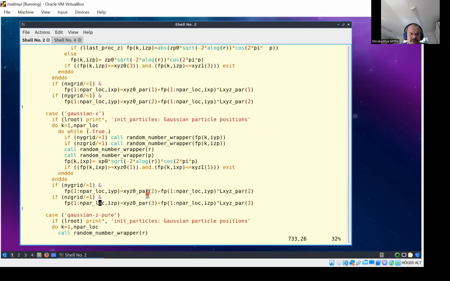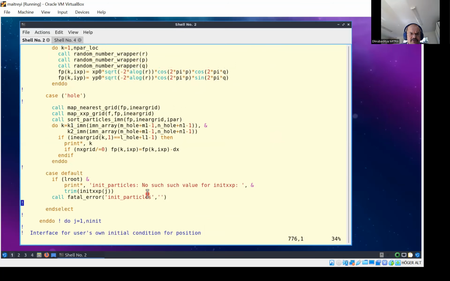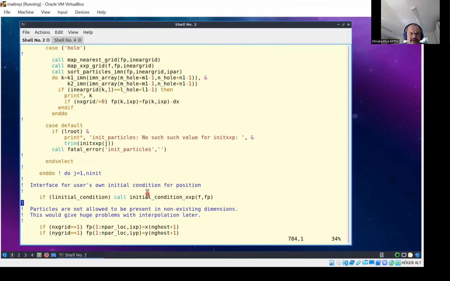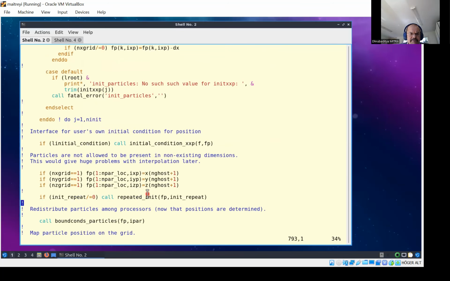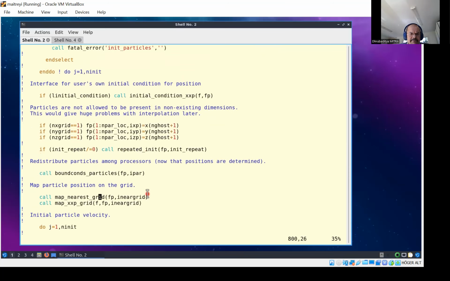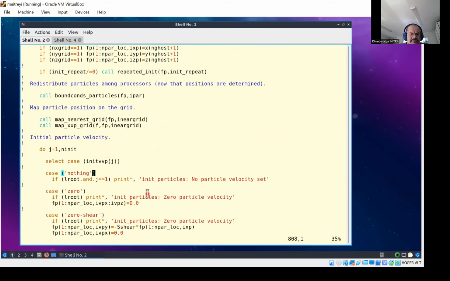Okay, so all the particles are being assigned, most of the time, randomly this way or randomly that way. But then you apply the boundary condition on them. And then importantly, there is an array that is used quite often, which is called map nearest grid.